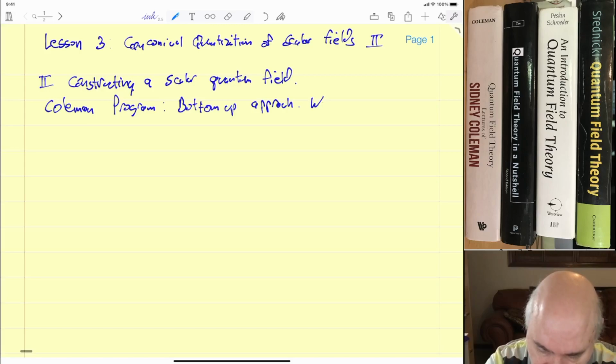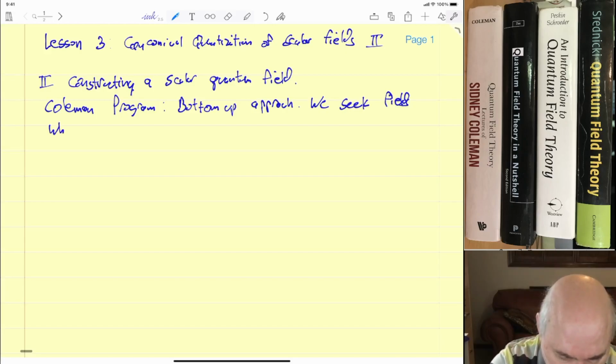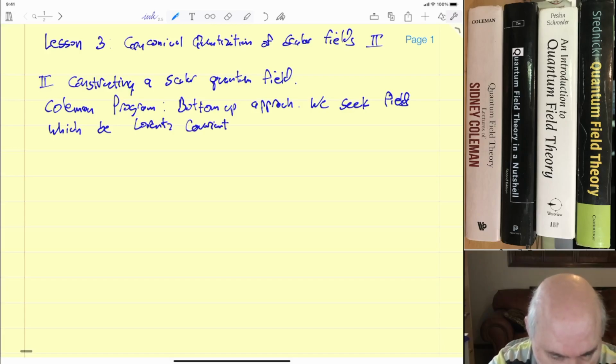And we seek fields which will be Lorentz covariant. For a scalar field, I guess we could say invariant, but those terms are sort of used interchangeably. We wanted to obey locality. And we wanted it as simple as possible.